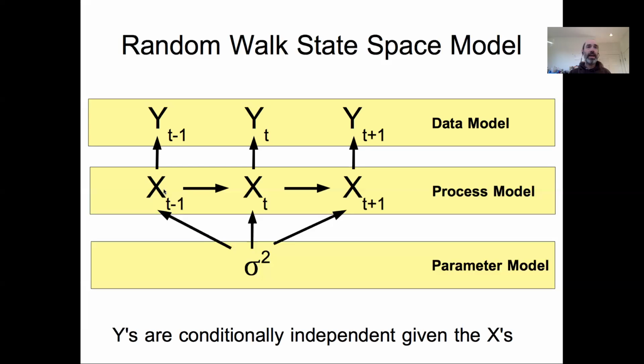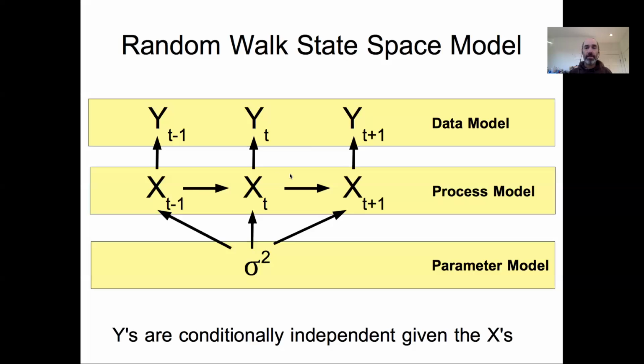So conditional on x, y of t minus 1 is not related to y of t, because we're making the assumption that the only thing that's different between the x and the y is observation error. So unless there is autocorrelation in the observation process itself, we can model the y's as conditionally independent. So if the observation error at one time point is different than the observation error at another time point, then these y's are independent of each other.